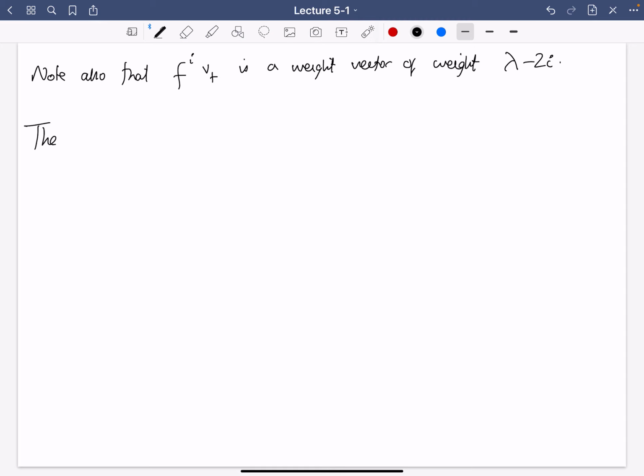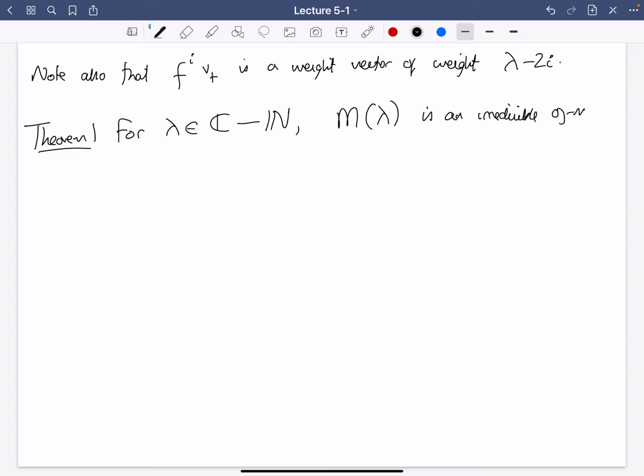So theorem 1. If lambda is a complex number, but not a natural number, M of lambda, the Verma module, is an irreducible G module.